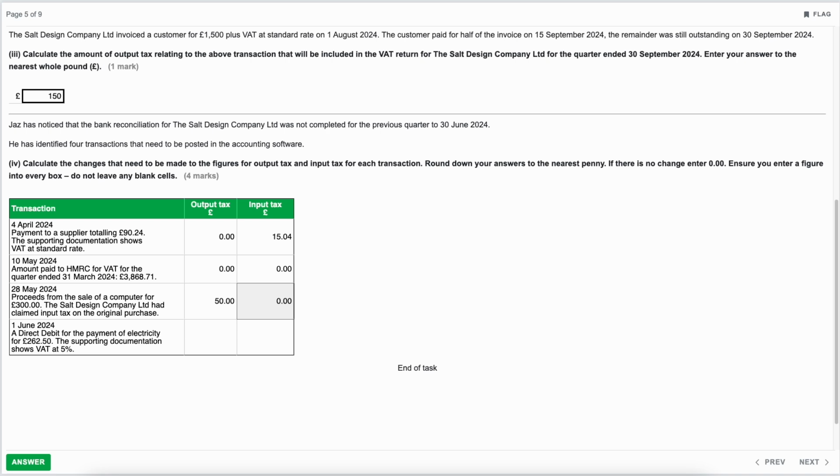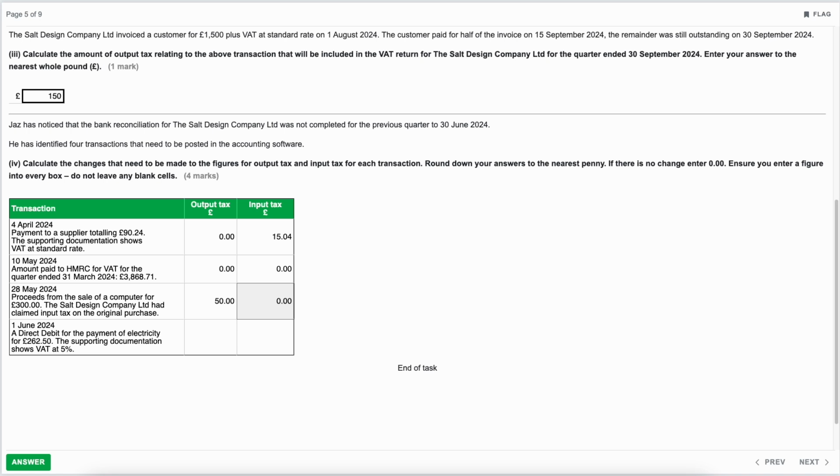So the last one, on the 1st of June 2024, a direct debit for the payment of electricity for £262.50. The supporting documentation shows VAT at 5%. So this is at a reduced rate VAT, but the business could claim the VAT back on this service. So to calculate this, all we need to do is find the VAT at 5% included within the £262.50.